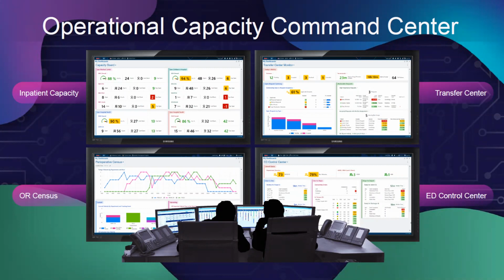And the idea is you've got a full group of folks who do transfer and bed planning, and the list of people who provide support and resources to make a hospital operationally function. They are all together.